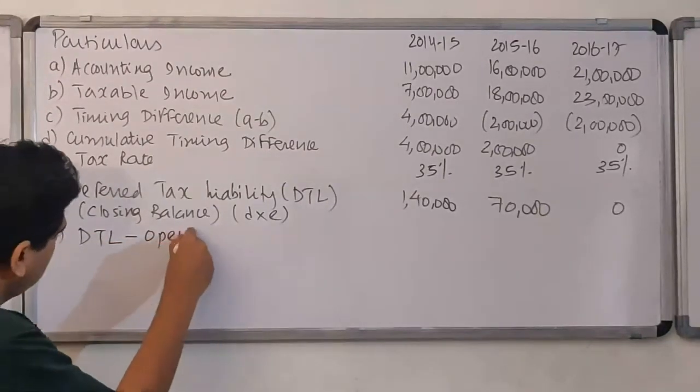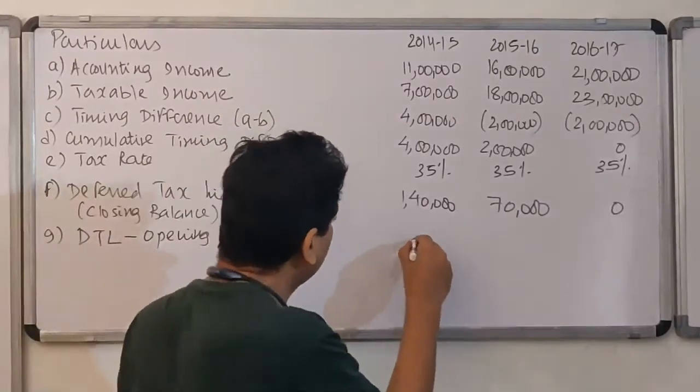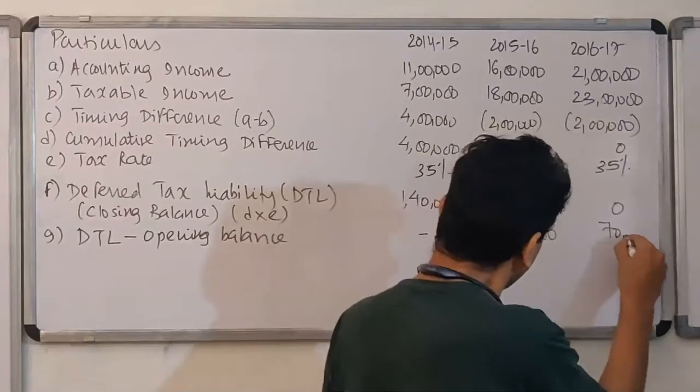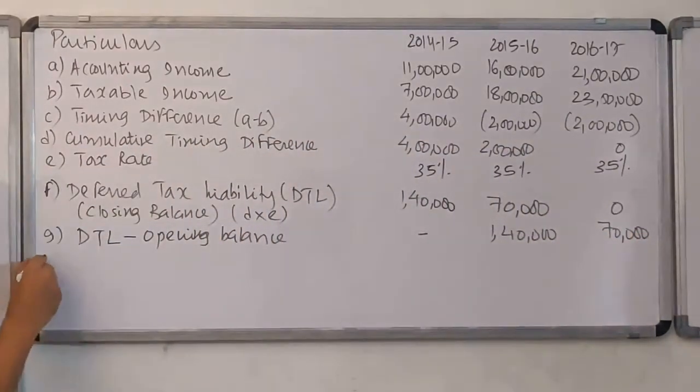DTL opening balance is the very first year, so it does not have any opening balance.